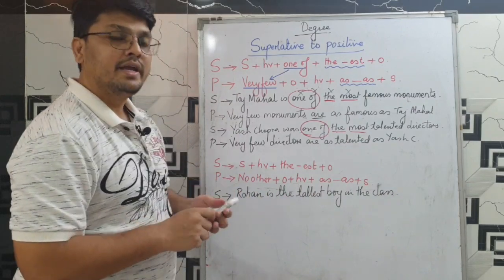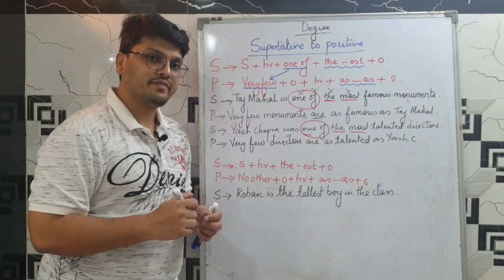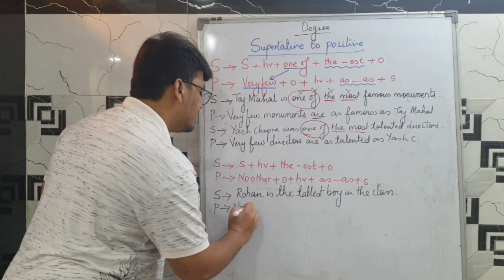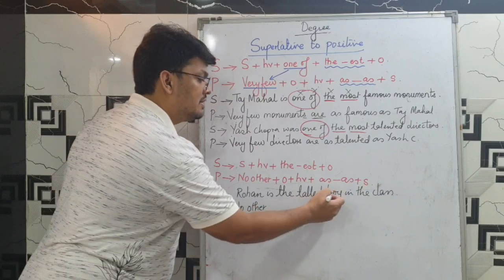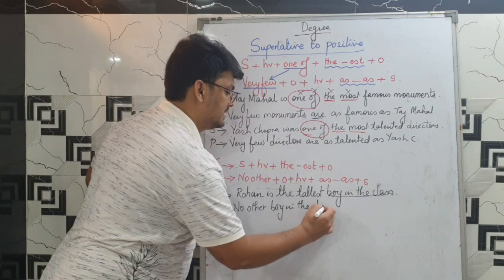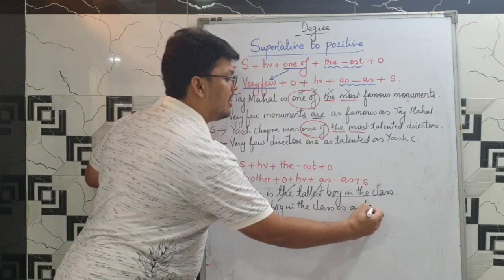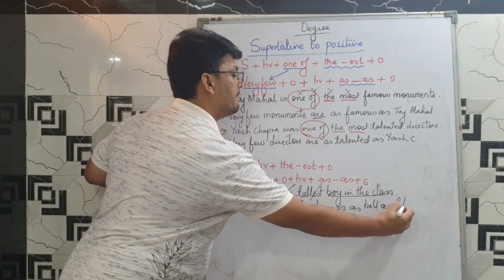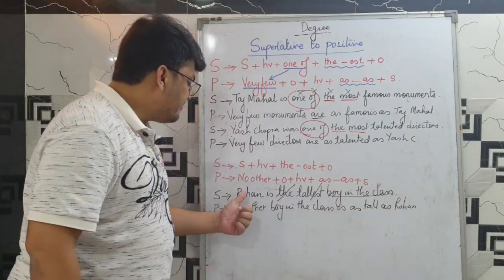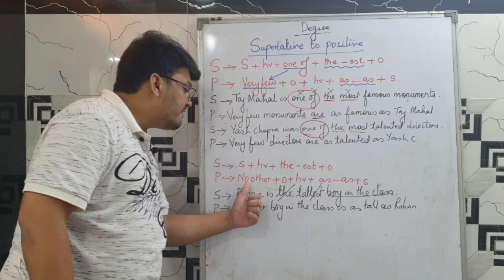So you can see, students, that in this type of superlative degree, there is no one of. So in this type, positive degree will start with no other. So no other boy in the class is, cancel the est, is as tall as Rohan. As tall as Rohan. So you have seen, students, that if there is no one of in superlative degree, I started positive degree with no other.